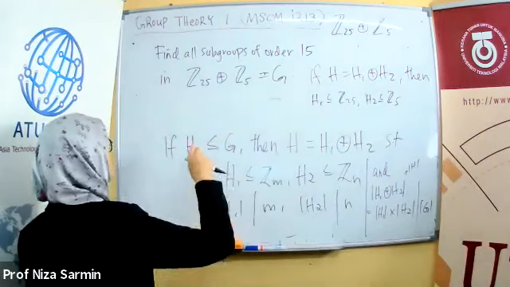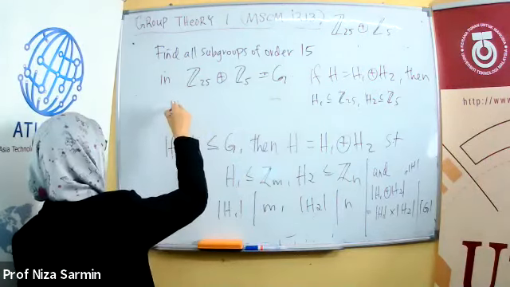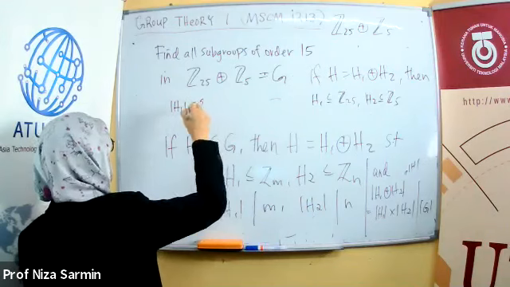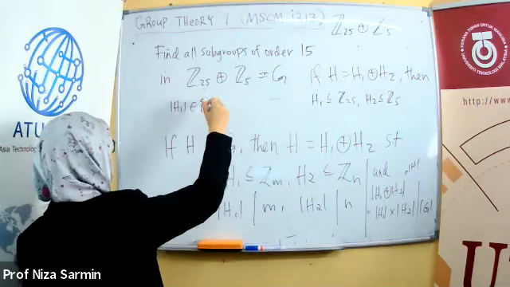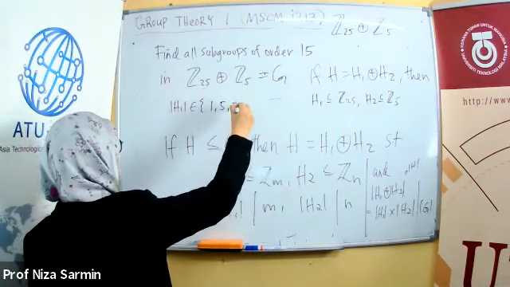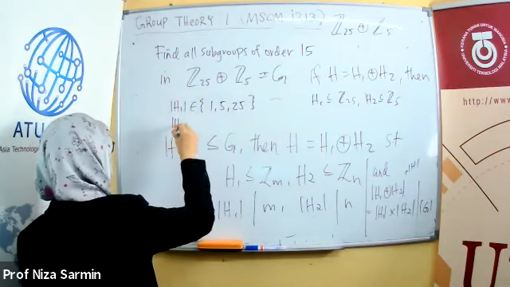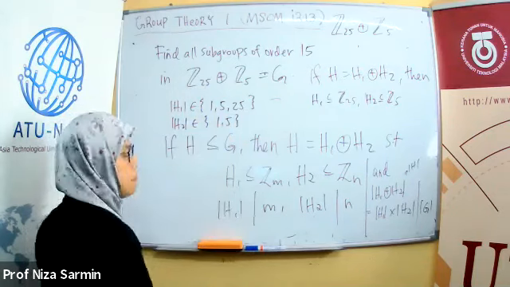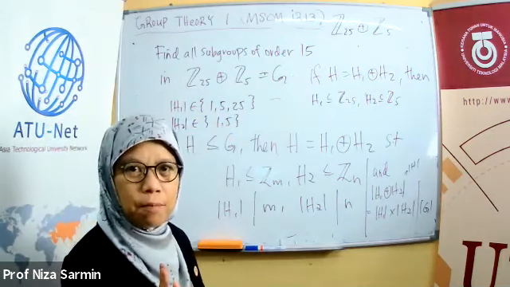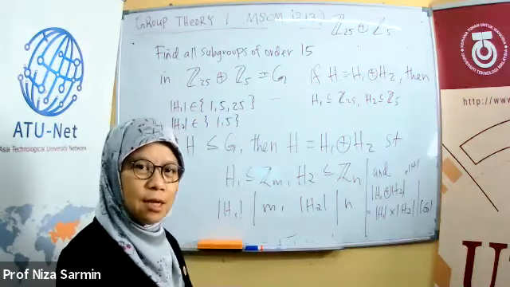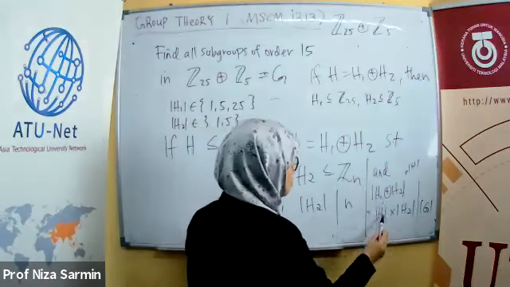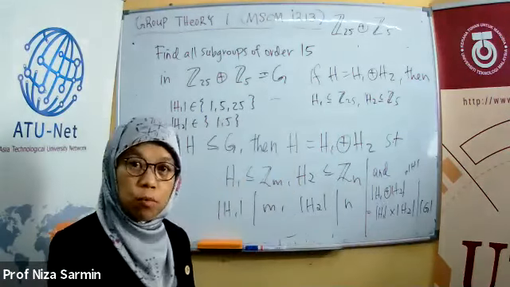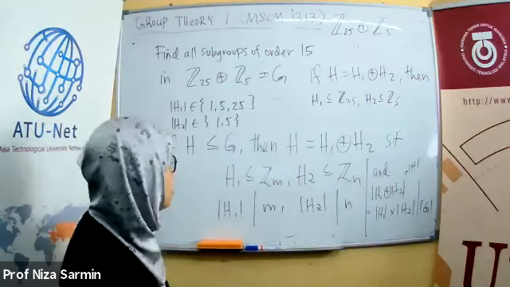Okay, now we look back in the example. So H1 has order dividing 25. H2 has order dividing 5. Don't get confused with the LCM, because this is a direct product order. It's an order of group, not order of element.